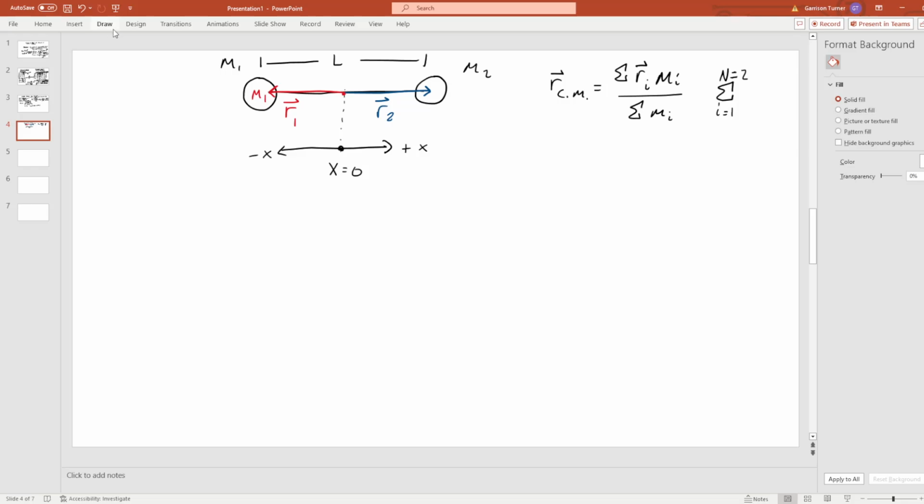And so R1 in this coordinate system is going to be 1/2 L in the negative I direction, or it's -1/2 L in the I direction.